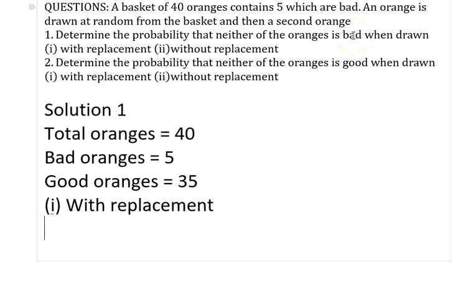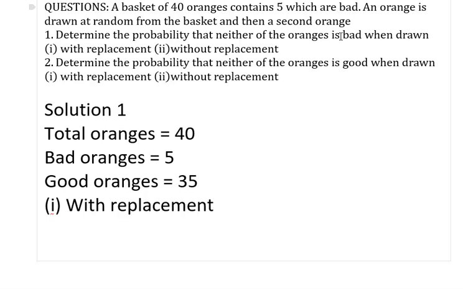Two draws were made at random, the first one and the second one. So the question is asking us to determine the probability that neither of the oranges is bad. That means the 2 oranges that were drawn one after the other, they are good. That's what the question is saying, that neither of the oranges is bad when drawn with replacement or without replacement. That means the 2 oranges drawn were good ones, because they said neither of the oranges is bad. That is what the question says.